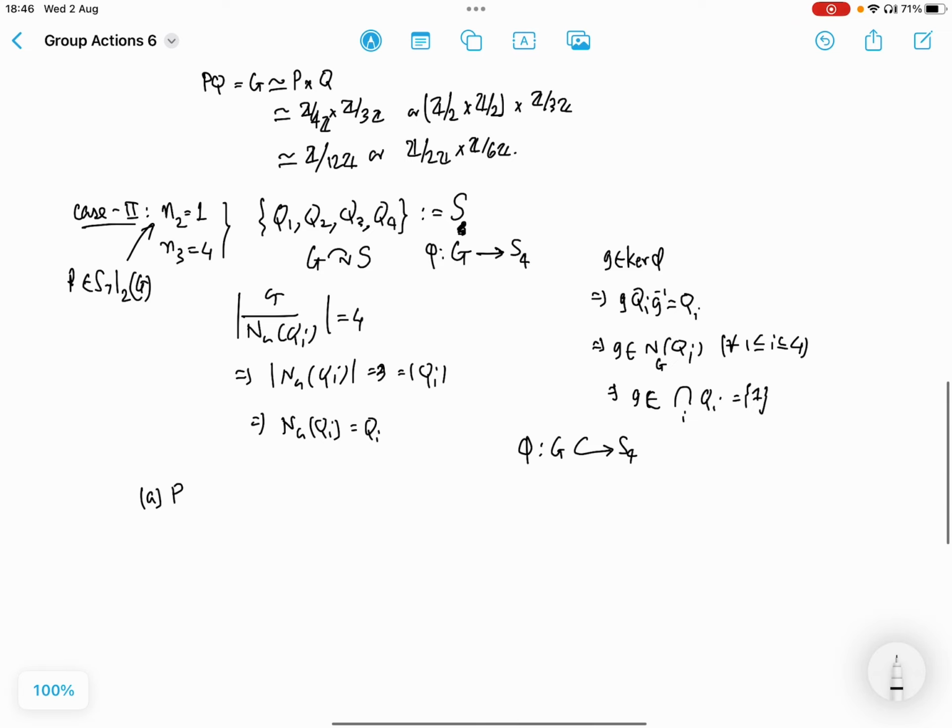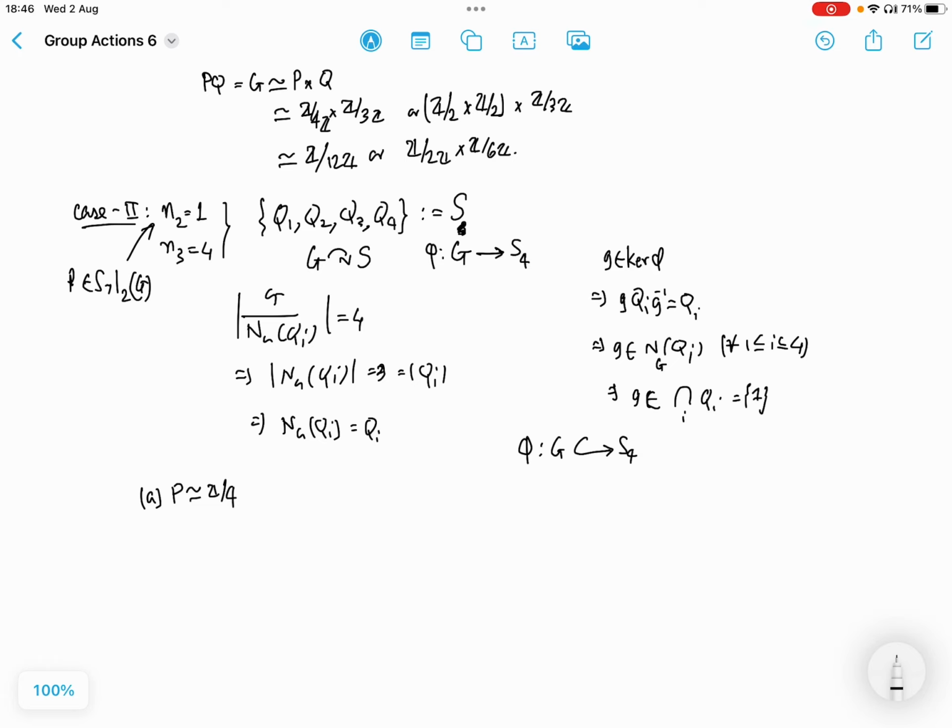Suppose P is isomorphic to Z modulo 4Z. Then you can easily observe that again you will get one of those two abelian groups that you already got in the first case. I think I can leave it to you as an exercise. You can show that if P is the cyclic group, then you will not get any new information, right? So maybe I can leave it to you.